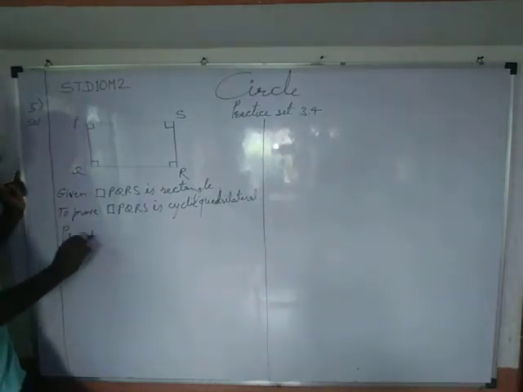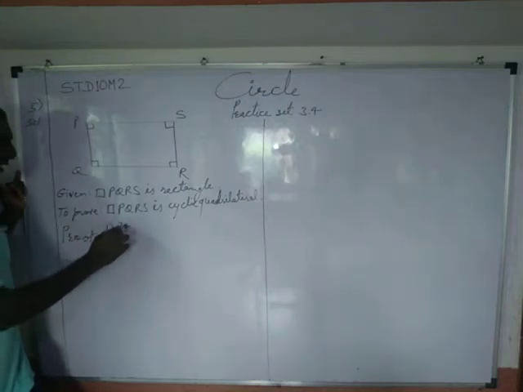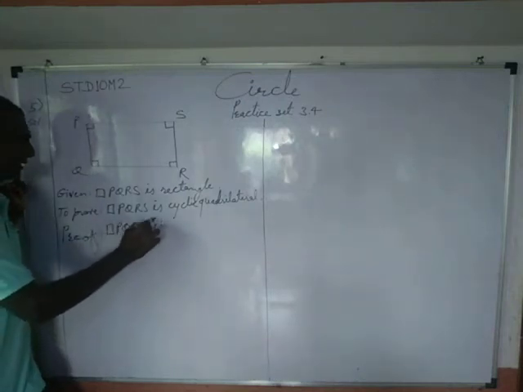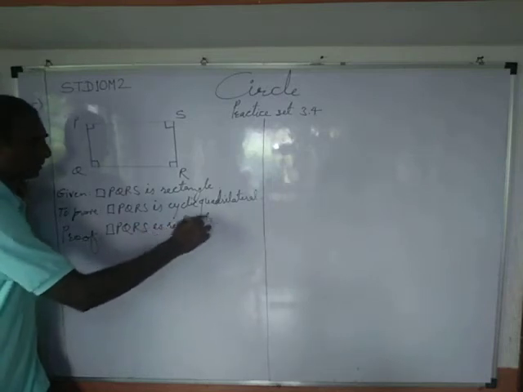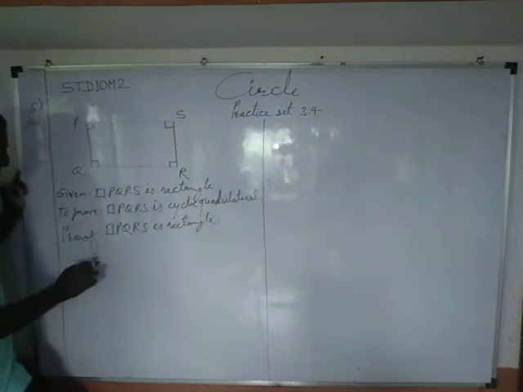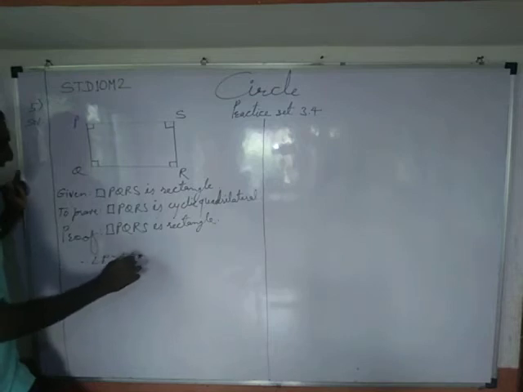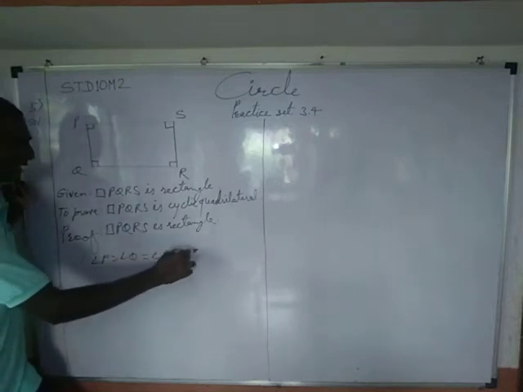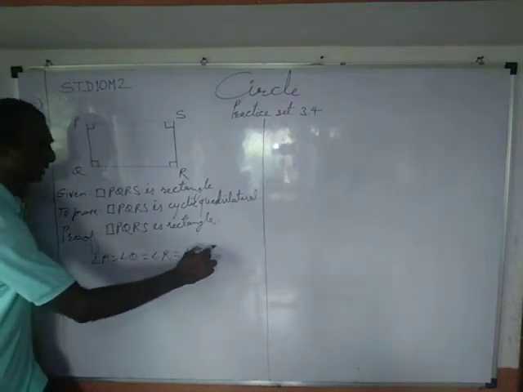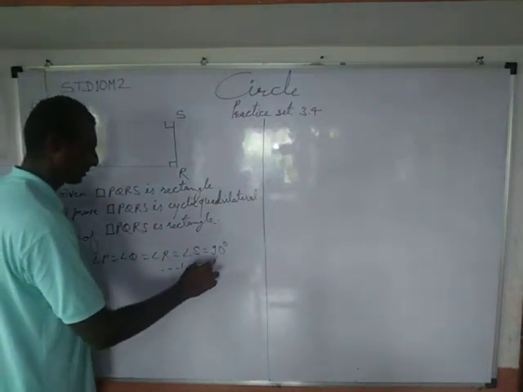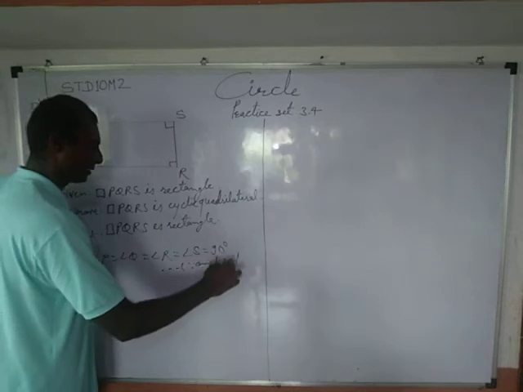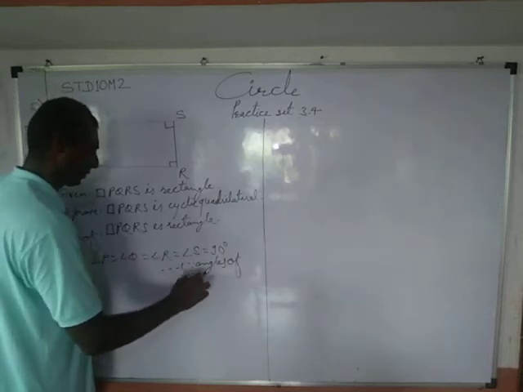Proof. Quadrilateral PQRS is a rectangle, and therefore angle P equals angle Q equals angle R equals angle S equals 90 degrees, since these are angles of a rectangle.